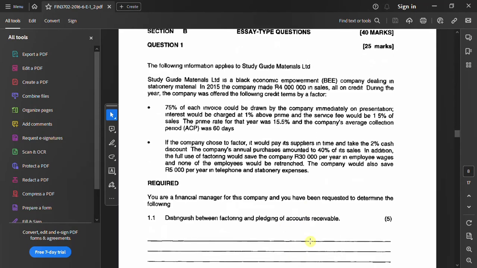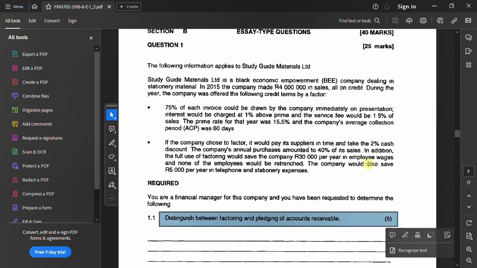This is actually a theory question. So this question is looking at the difference between factoring and pledging accounts receivable. When you're looking at working capital management, remember you need sufficient capital on hand to meet short-term obligations to continue operating. So working capital is looking at your operations, your day-to-day, your short-term.